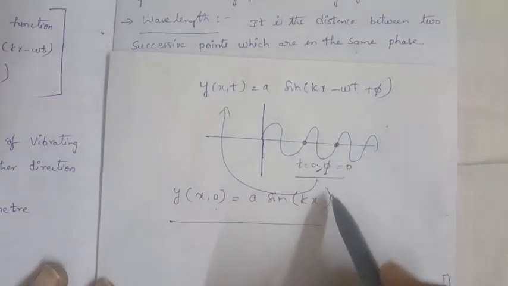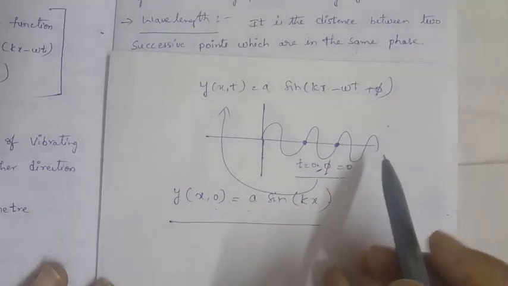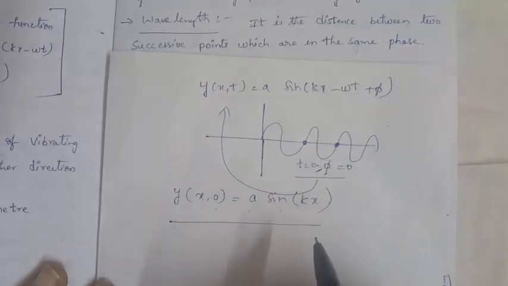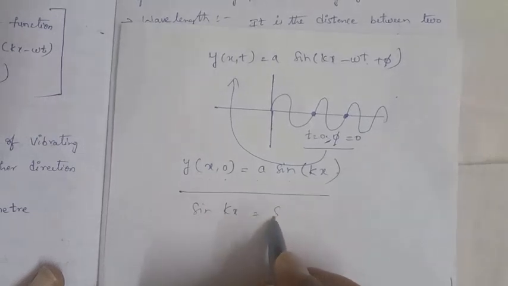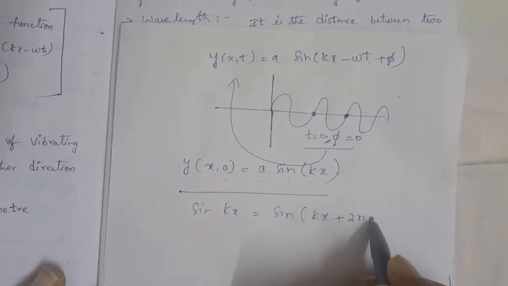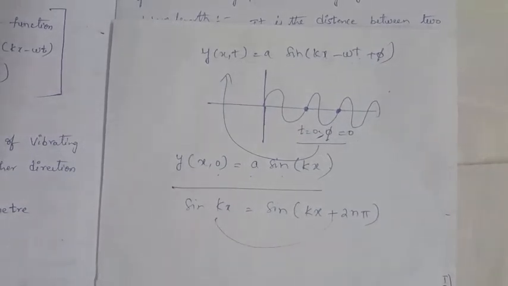But what is the phase you have to add here? For every 2n pi, the sine function repeats its value. So sin kx is equal to sin(kx plus 2n pi). There is no difference between these two, because for every 2 pi or 2n pi, the sine function repeats the same value.